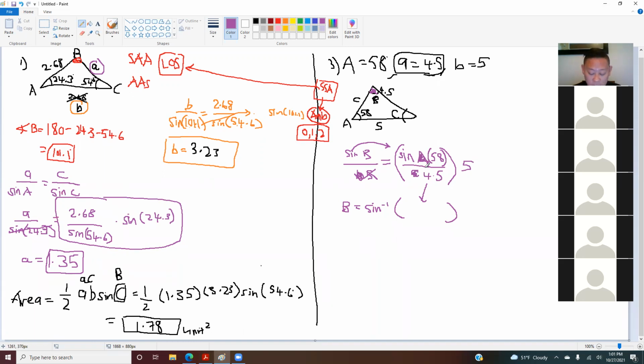I got 0.9422. Okay, you cannot round this, so make sure you get 0.9422. Then for all the decimals, you cannot round. Then you do the arcsine of your ANS. In order for you to do the arcsine, make sure in your calculator you press your second or shift. Okay. So go ahead, find the arcsine of it.